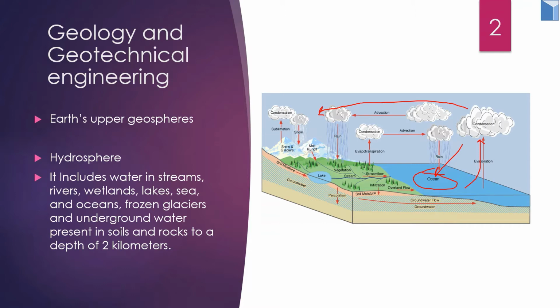So this difference in temperature and pressure makes the clouds move to the continental areas, and then they can also give fresh water back to the surface of the continent in the form of raining and snowing.